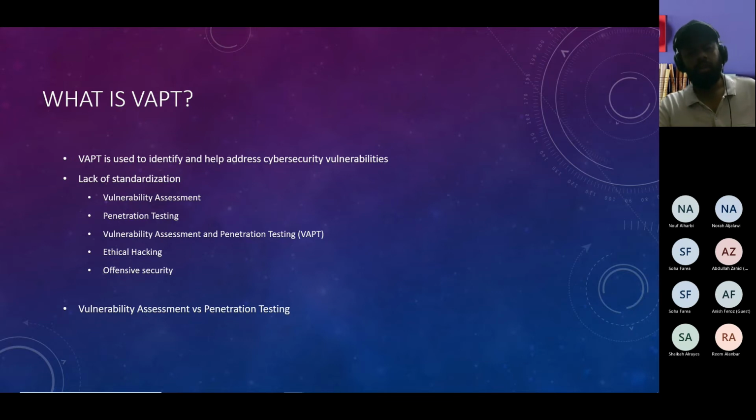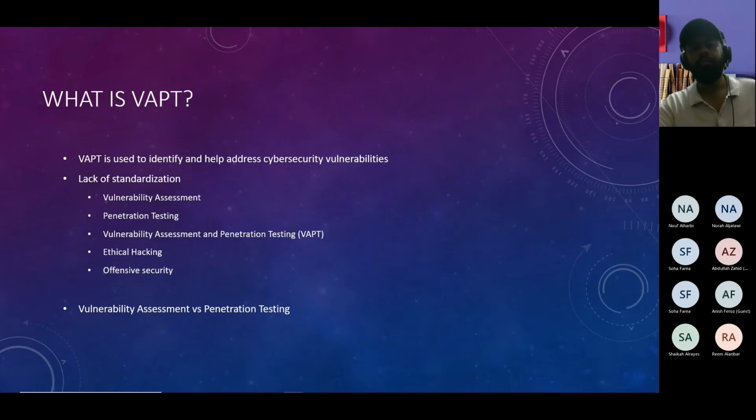Secondly, what is the purpose of VAPT? VAPT is used to identify the vulnerabilities in your IT assets. Being a bank owner, an IT engineer, or a network engineer, you don't know what the vulnerabilities in your router or your web application are until you get hacked and then you learn about them.